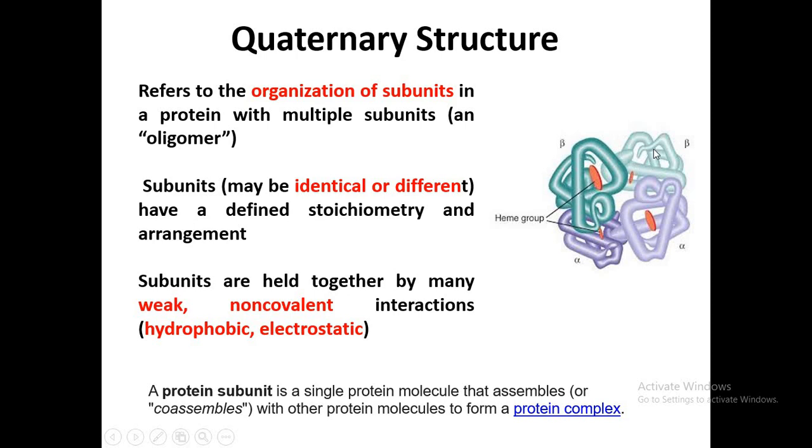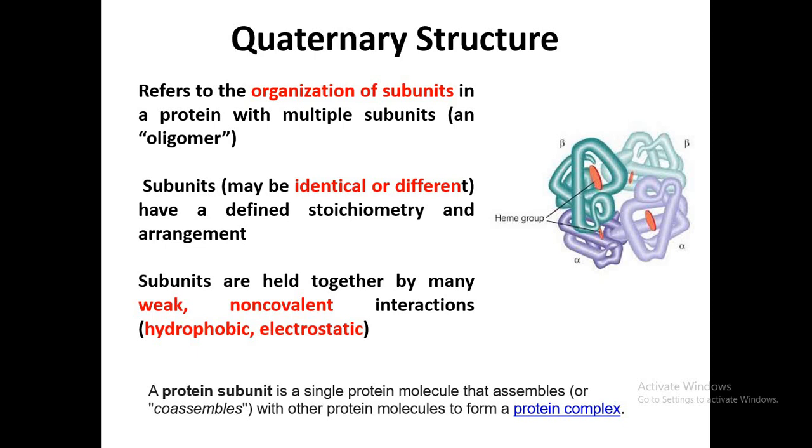Here we can see that different subunits are assembled together. When the different independent subunits of a protein join with each other via weak, non-covalent forces like hydrophobic and electrostatic interactions, they make a structure that we call the quaternary structure of a protein.